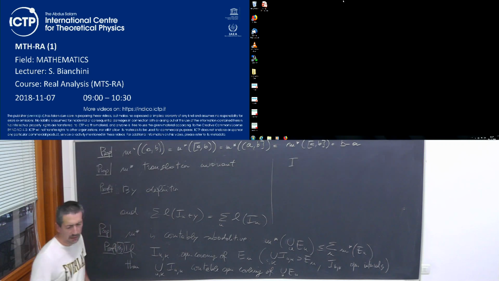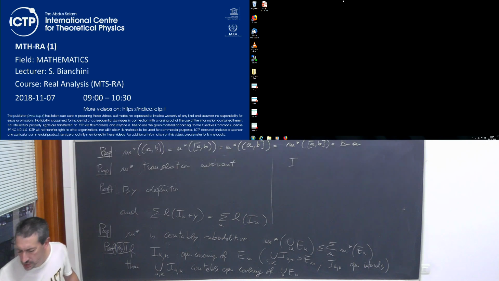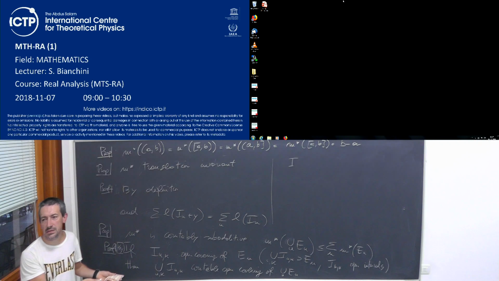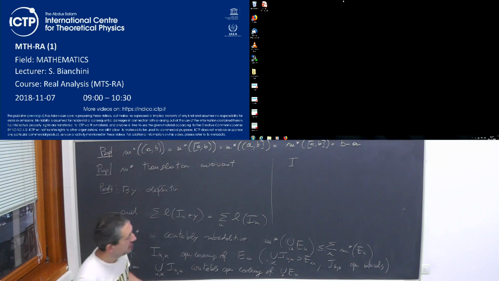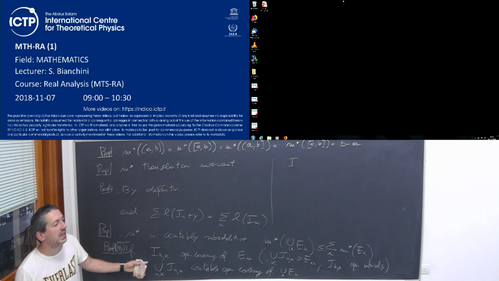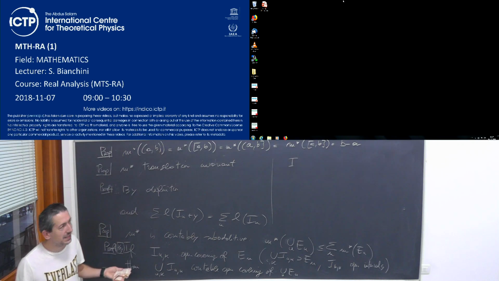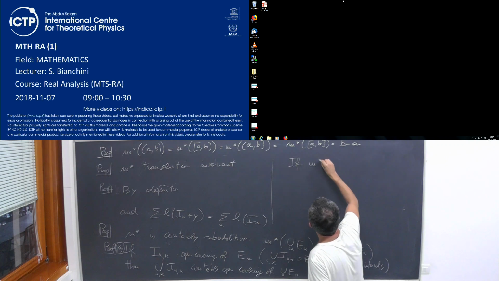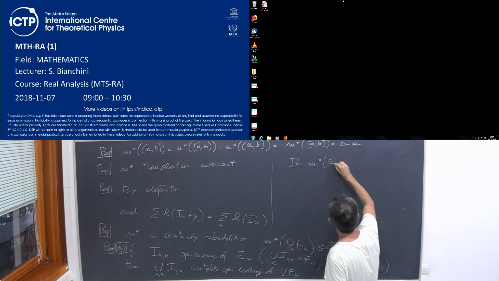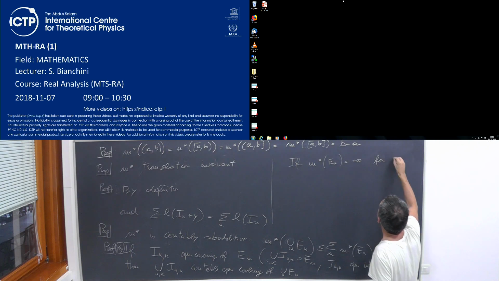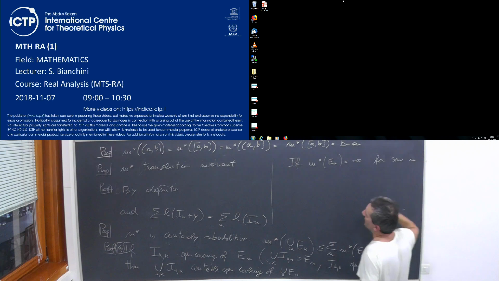And usually, it's really the most important part to understand the key point. And then now it's just technique. It's a standard thing. So the covering is an estimate only if it is not plus infinity, because otherwise it's plus infinity and there is nothing to prove. So if M star of E_n is equal to plus infinity for some n, then nothing to prove.